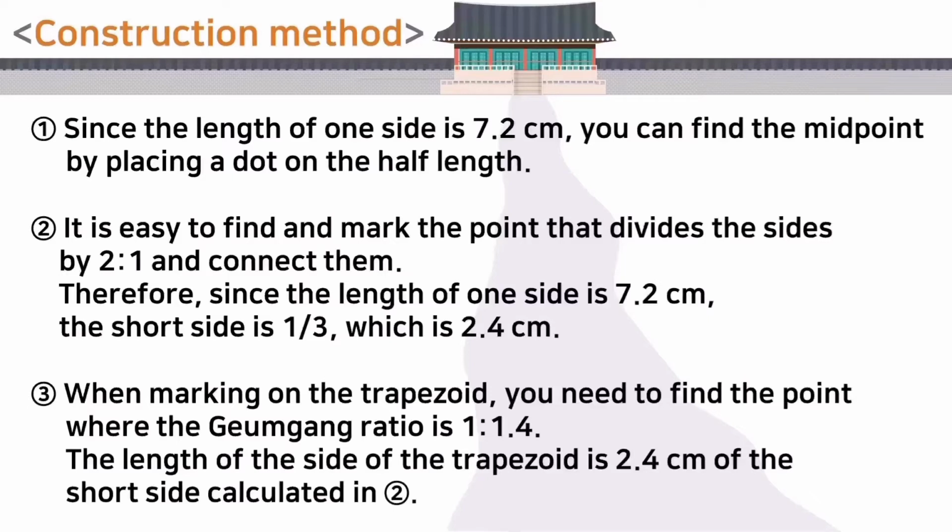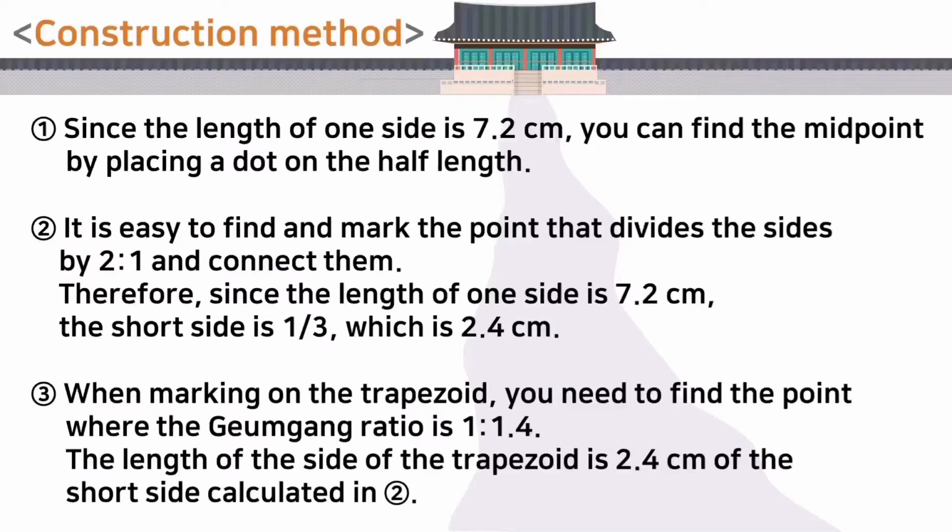First, since the length of one side is 7.2 cm, you can find the midpoint by placing a dot at half the length. Second, it is easy to find and mark the points that divide the sides by 2 versus 1 and connect them.